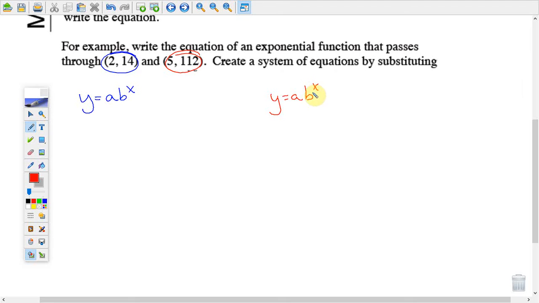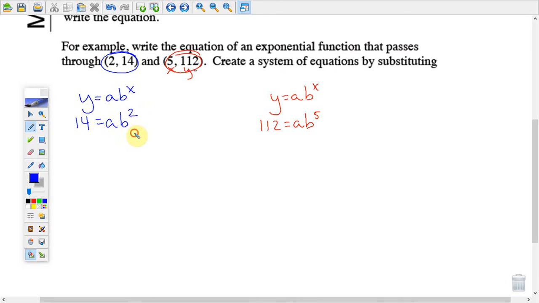We're going to substitute in our x and y for these 2 equations. And then we're going to solve for a.